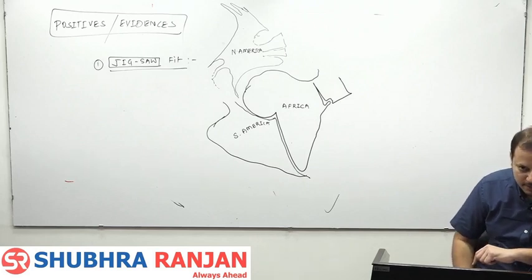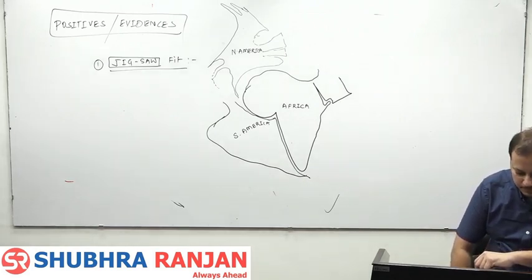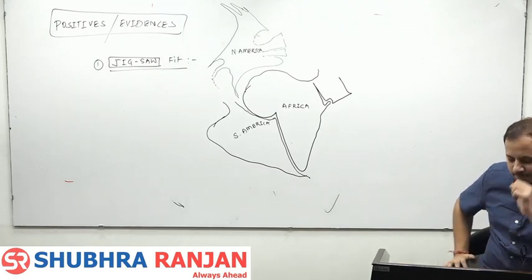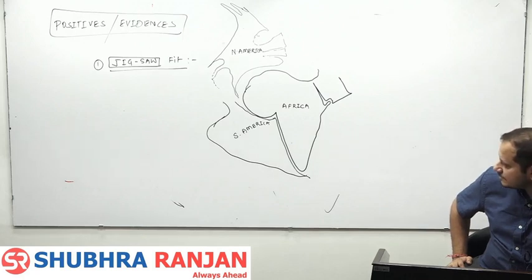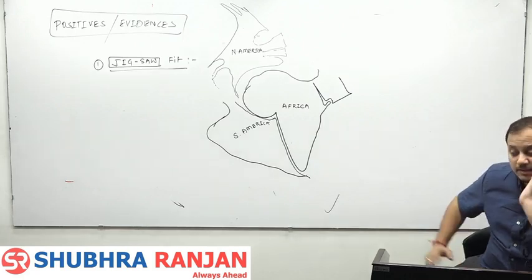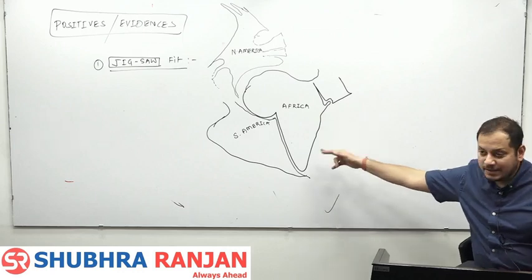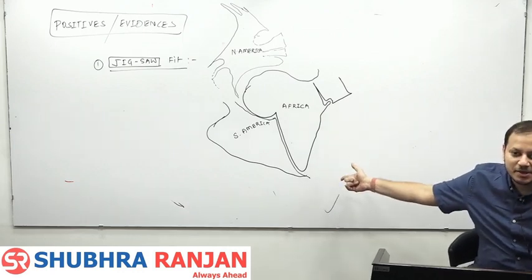This is what is meant by jigsaw fit of the continents. ये तो ड्रॉ करना ही है, दिस तो इवन गिवन इन योर एनसीईआरटी, ये तो जीएस में भी ड्रॉ करना है.